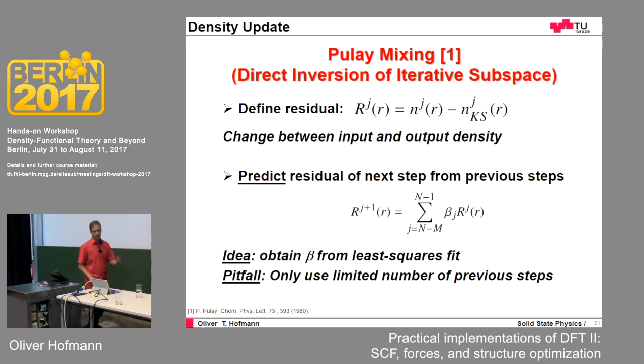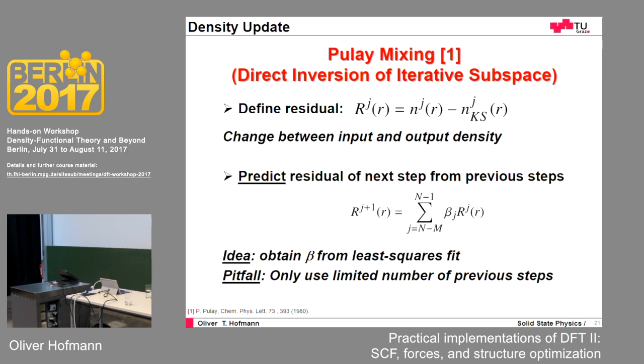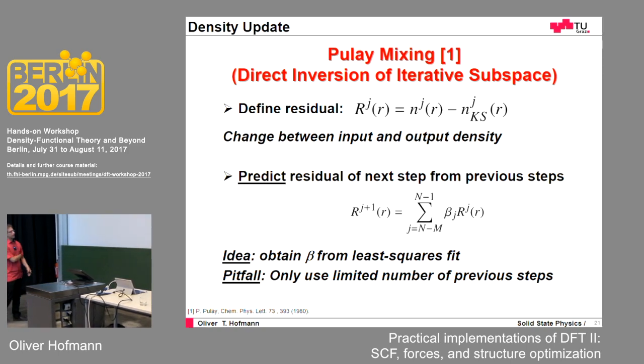We do that for a number of iterations. And after a number of iterations, we combine these error vectors such that we try to predict the electron density where the next error vector would be 0. Right? This is what's shown here. We weigh them in a least square sense such that the next residual would be, if possible, 0.